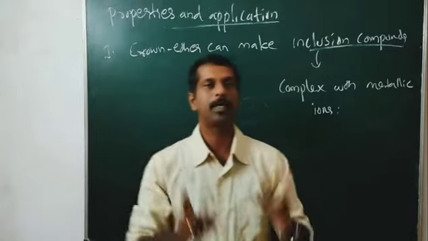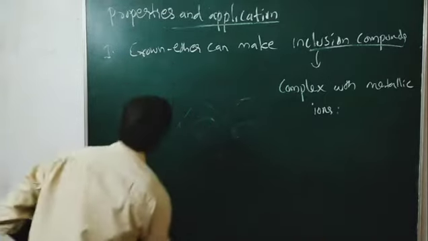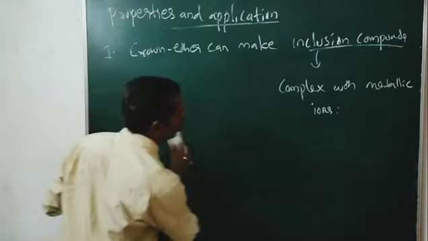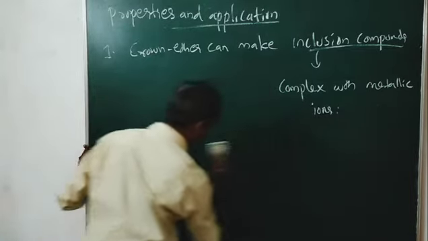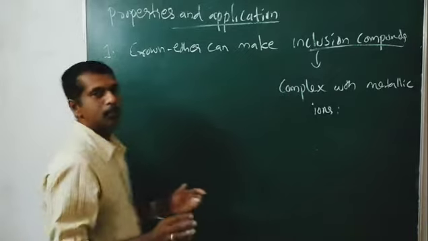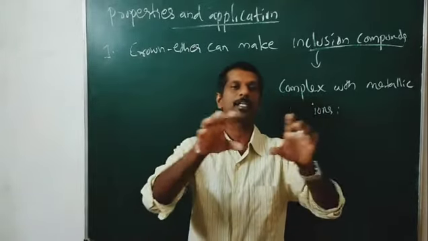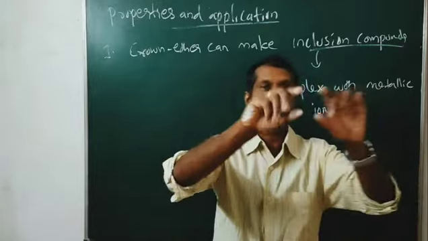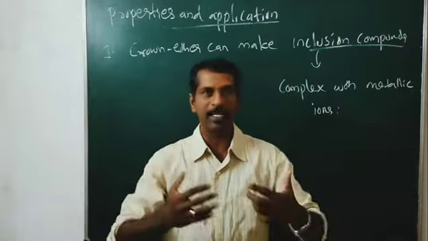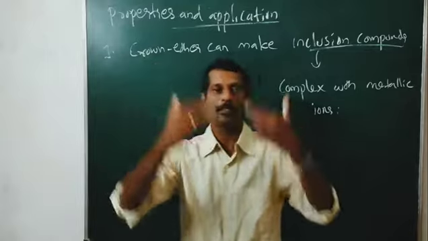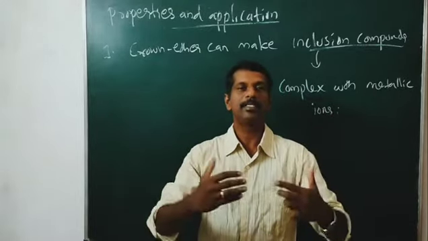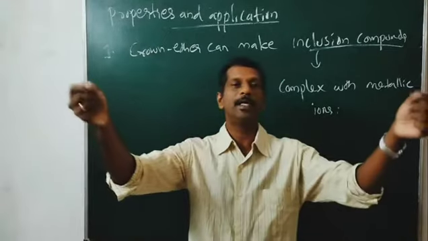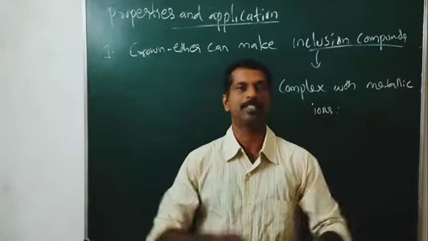So first one, look at it here. Crown ethers can make inclusion compounds, that means complexes with metallic ions, metal cations. This is due to the presence of cavities on the surface of the crown ether. To these cavities the metallic cations are adsorbed. That means crown ether is acting as the host and the metal cations are the guest.